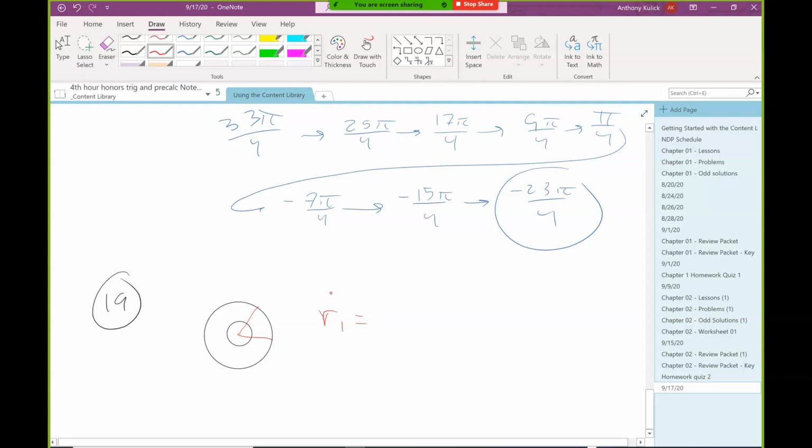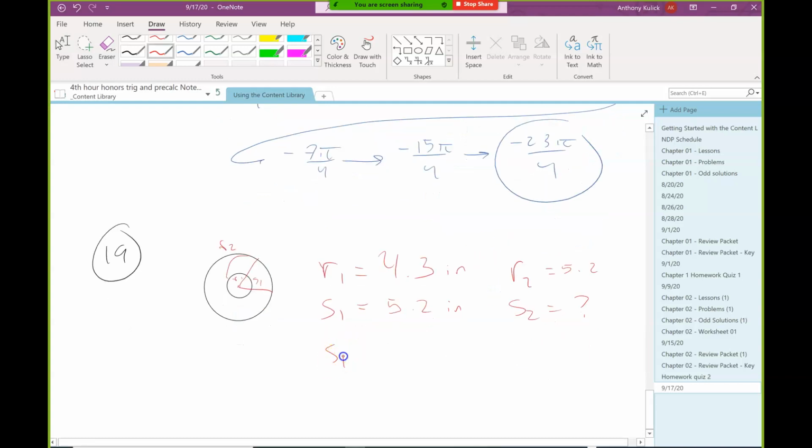The cut arc measures 5.2. Okay, so that's the little circle. The radius of the larger circle, I'll call that R2, is 5.2. What is the length of the cut arc?